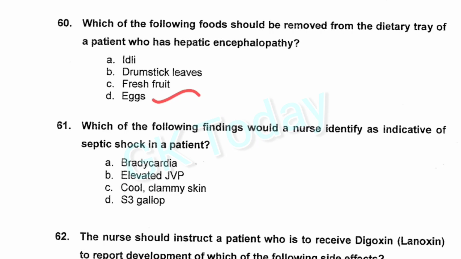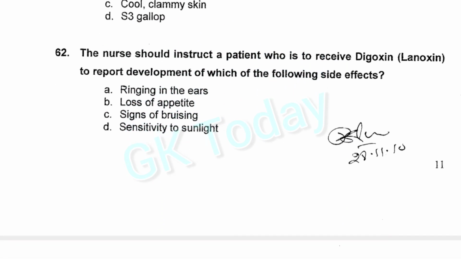Correct answer is option C, cool, clammy skin. Question number 62. The nurse should instruct a patient who is to receive digoxin, Lanoxin, to report development of which of the following side effects? Correct answer is option B, loss of appetite.